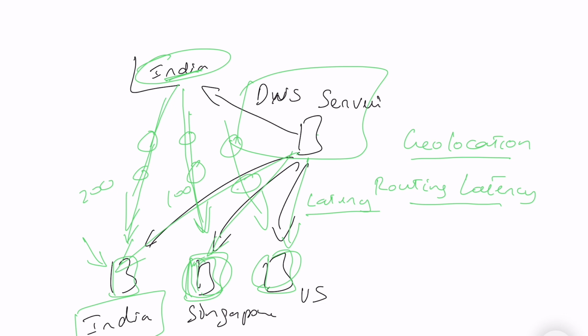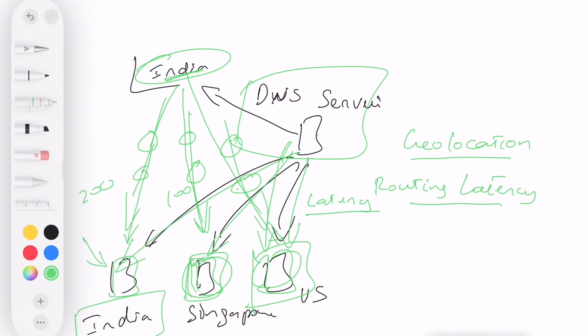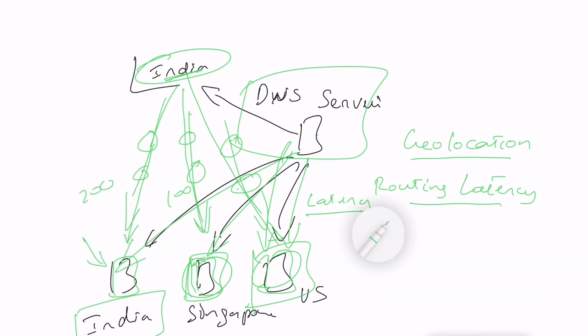Whenever a request comes, it will probe whether this server is available or not, or how much latency it is offering. Once it gets that latency, it is very much possible that if from the Indian DNS server to the US server the latency is less, it can give you the US IP address in response, and then the laptop will connect to the US IP address.